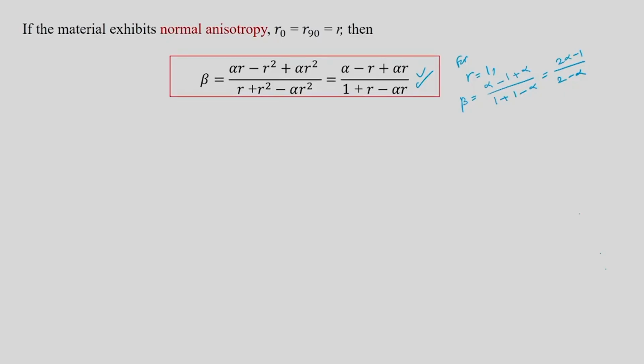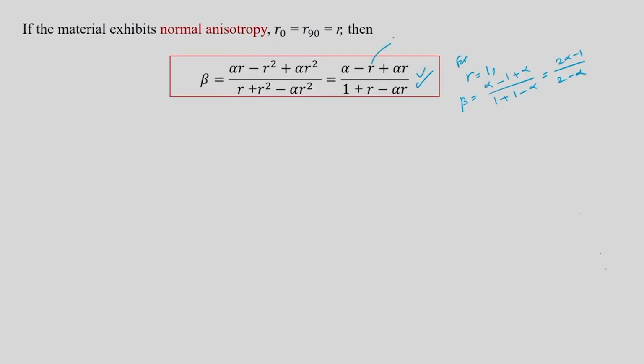Now, depending on the R value, you see the relationship between beta and alpha is actually changing. Until now we were assuming that R is equal to 1, then it was simple. Now, all our calculations in the same problem are going to change by looking at one R value. Suppose you take any R value, maybe 1.5, then depending on alpha, the beta evaluation is going to be different.